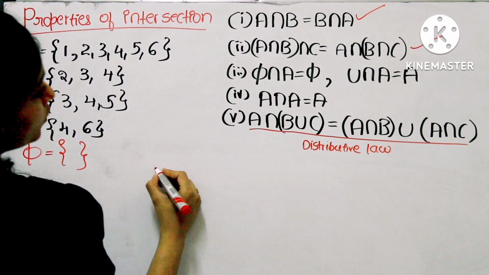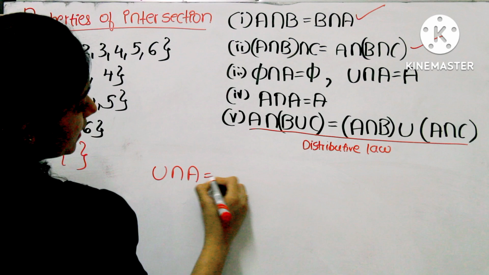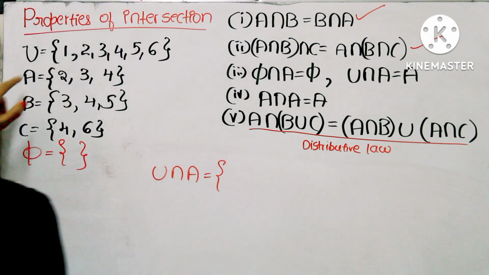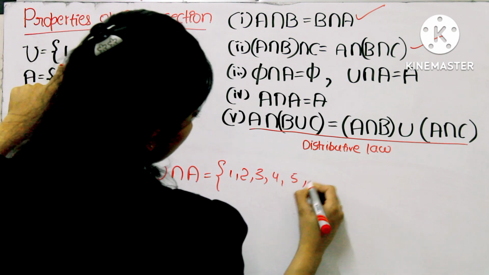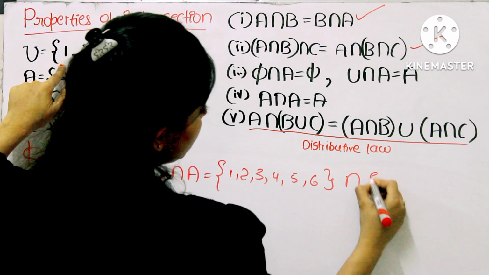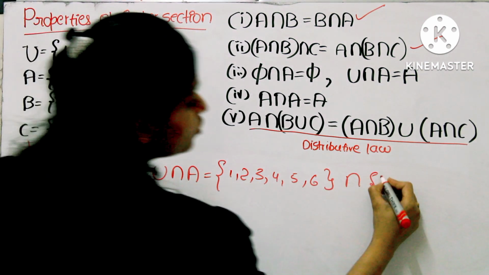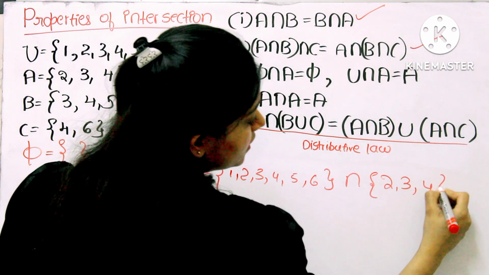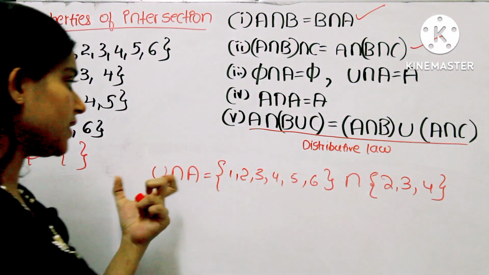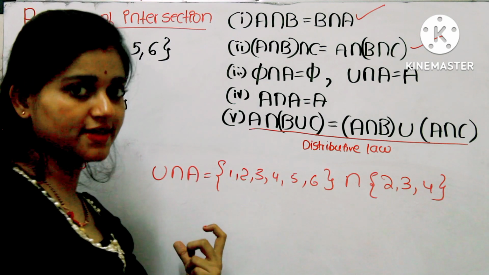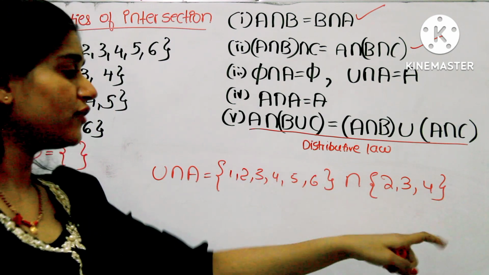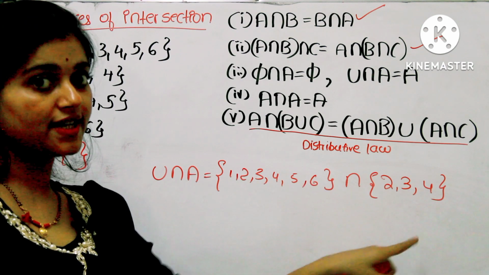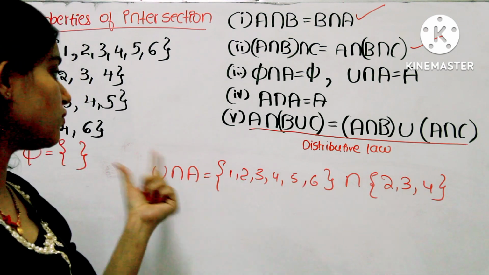So what do we get for U intersection A? Let's take U: 1, 2, 3, 4, 5, 6, intersection A. What is A? 2, 3, 4. As you know, A is always a subset of the universal set, right? So if it is a subset, then its intersection is always A, correct? The intersection is A. In union, that is the universal set.